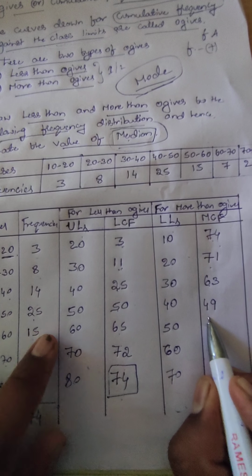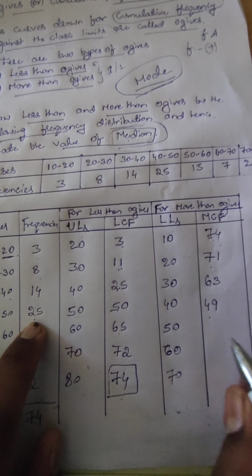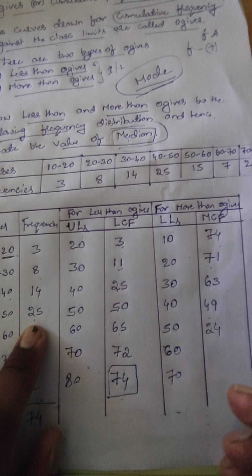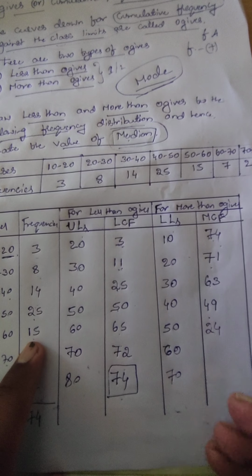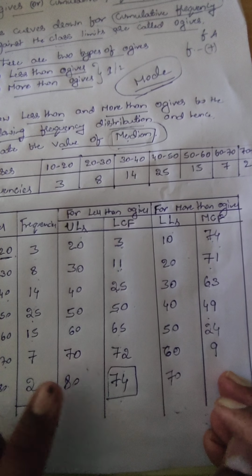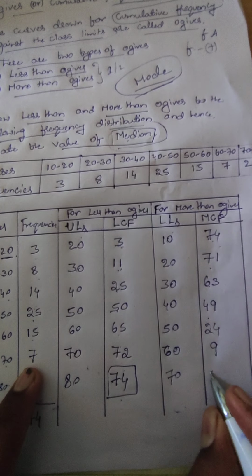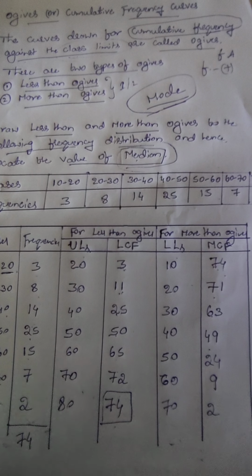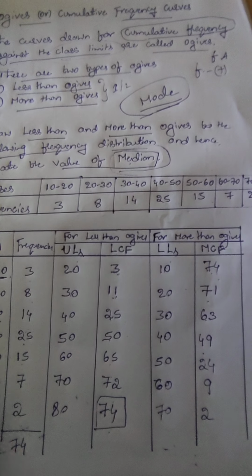Next, 49 minus 25, we will get 24. Next, 24 minus 15, we will get 9. 9 minus 7, we will get 2. Okay, students, this is the way of identifying the MCF.